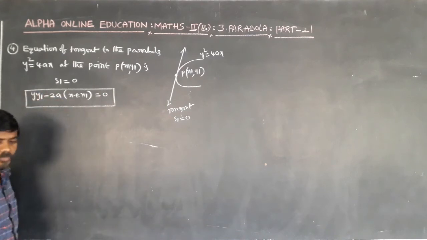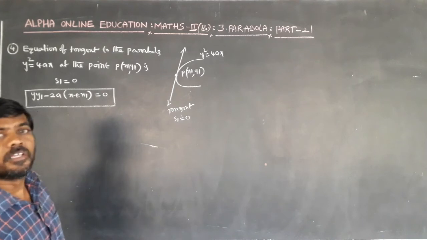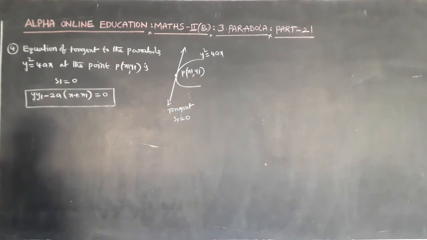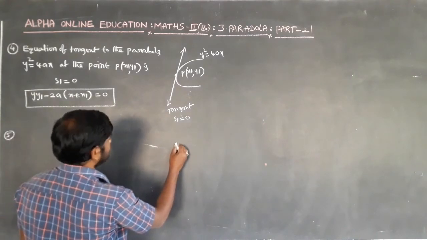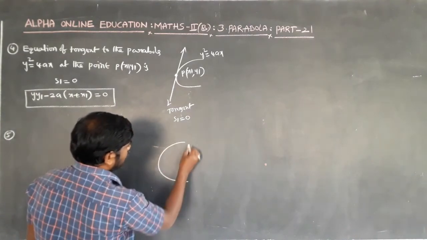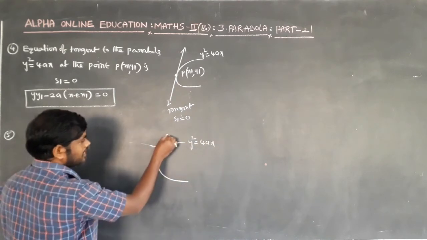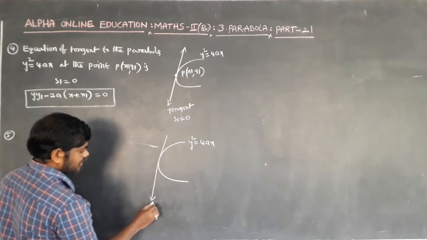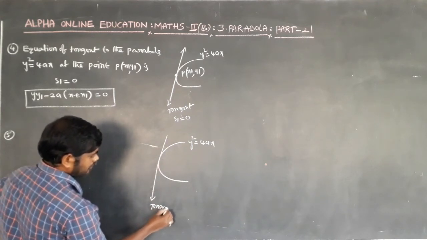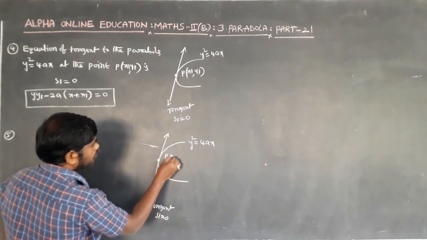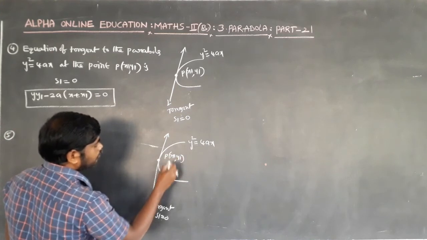This is the formula for finding the equation of the tangent to the parabola y square is equal to 4ax at the point P(x1, y1).